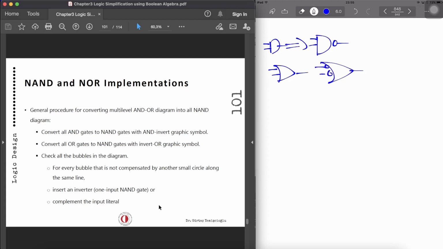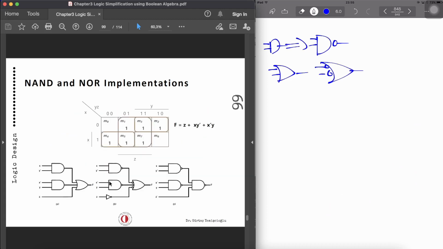Okay, so check all the bubbles in the diagram. For every bubble that is not compensated by another small circle along the same line, so that complements cancel each other, insert an inverter, a one-input NAND gate, or you can just complement the input literal like they have done in this example over here. They just used Z prime.